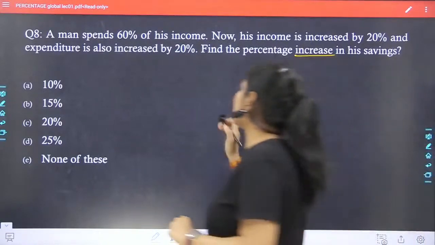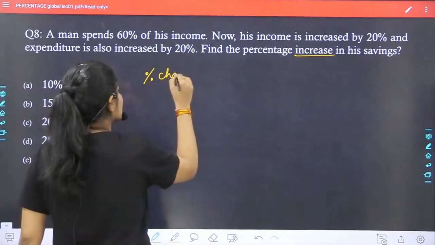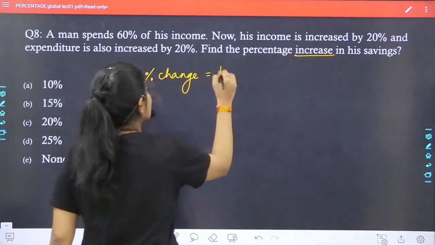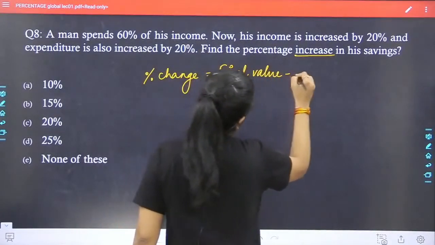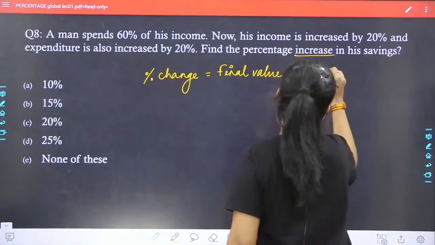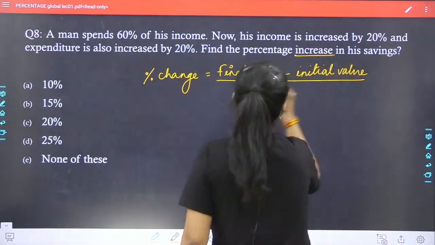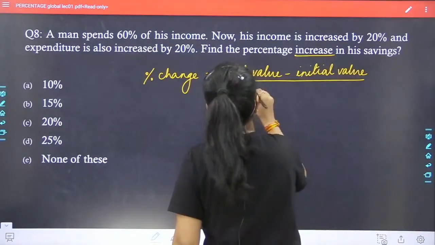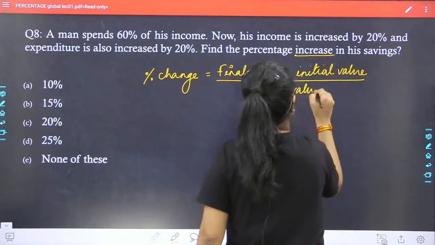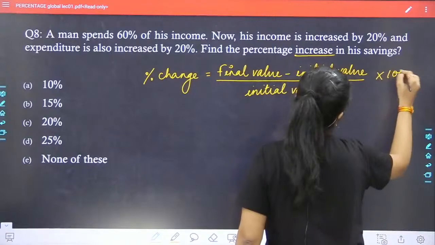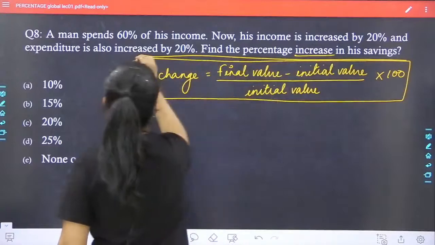Whenever we have to calculate the percentage increase or decrease, or we can say the percentage change, how do we calculate it? We calculate it by final value minus initial value, divided by comparative value, and here we have the initial value as our comparative value, multiplied by 100. This is the formula of percentage change.